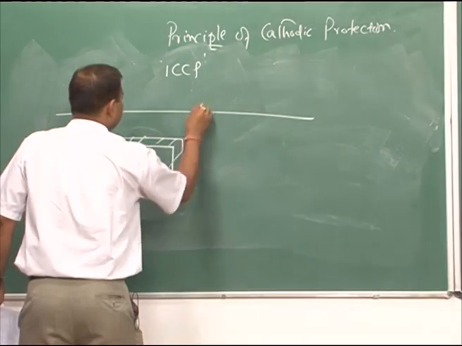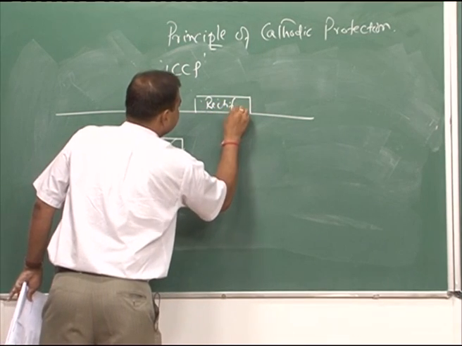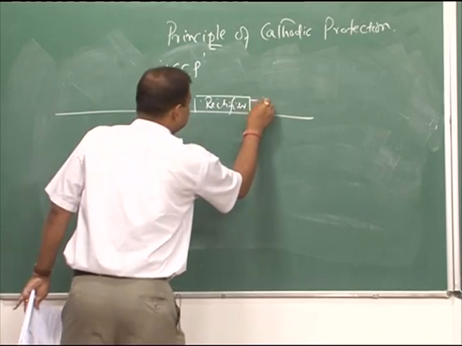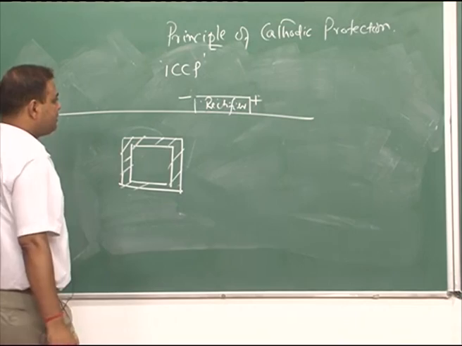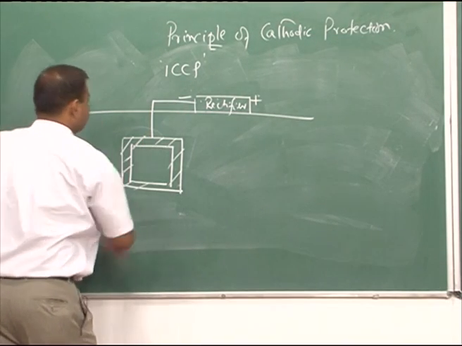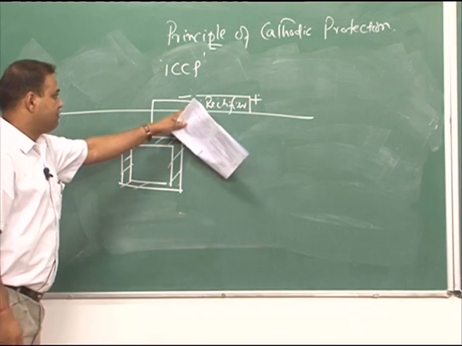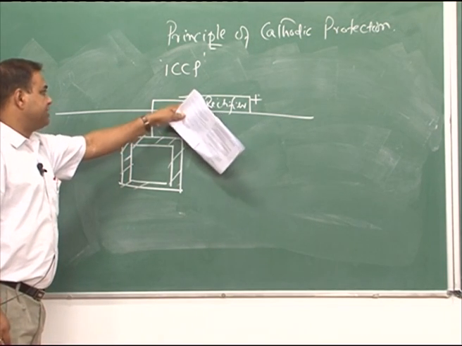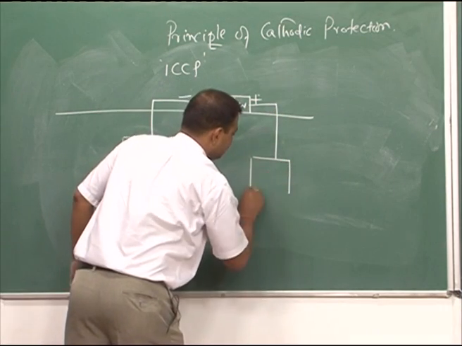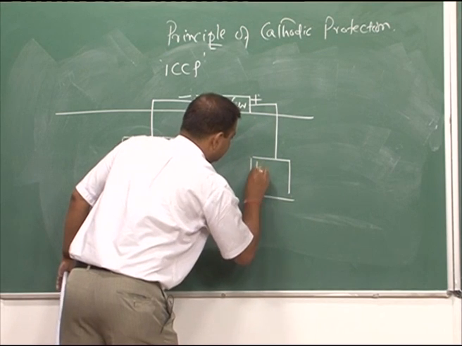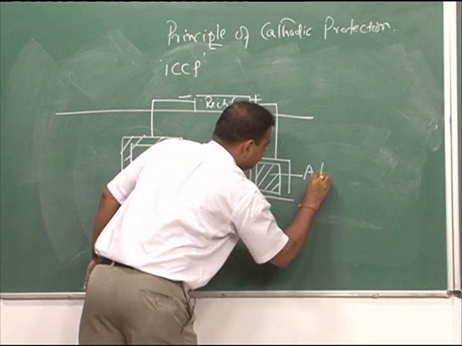In that case we have a rectifier, which sends DC current. This is the positive terminal, this is the negative terminal. We connect the steel tank to the negative terminal of the rectifier, and the positive terminal is connected to an auxiliary anode.